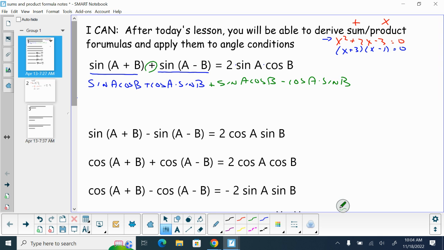If I look at cosine a sine b here, and a minus cosine a sine b here, what happens to those two? They cancel out. These go away. Why? Because I have one plus and one minus. Let's take a look at my other two terms. I have sine a cosine b plus another sine a cosine b, which gives me how many of them? Two of them.